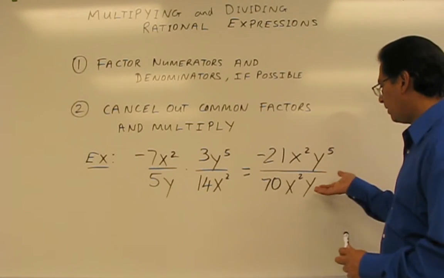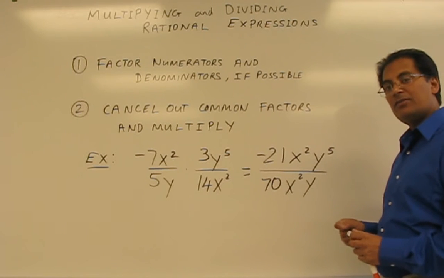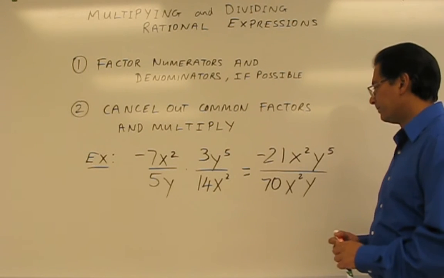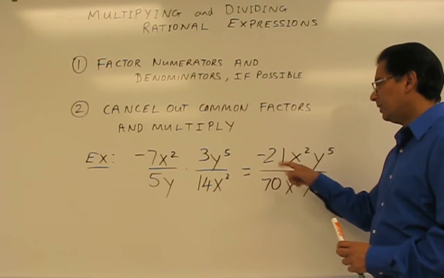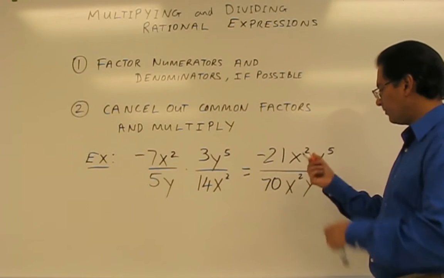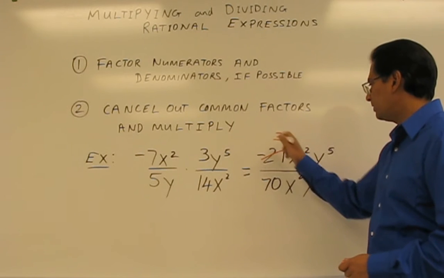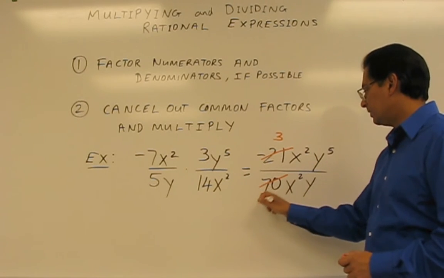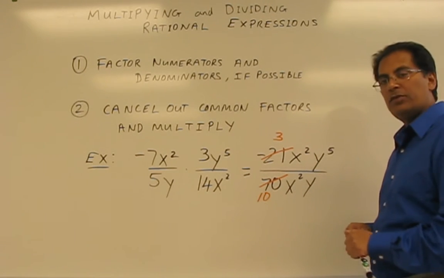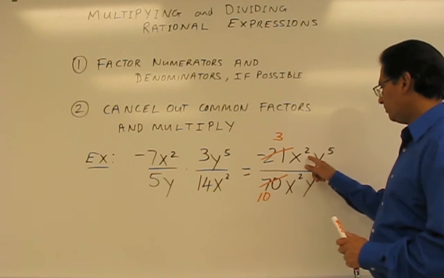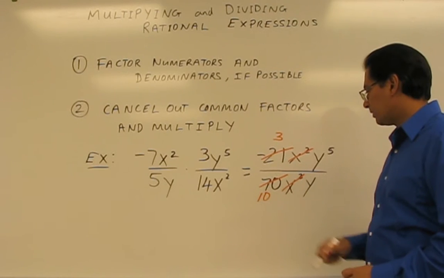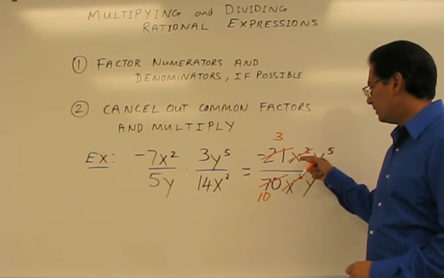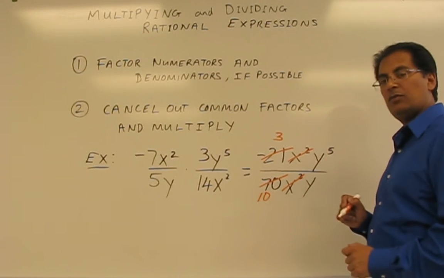So now we have the product here, but we can see that this actually can be simplified further. If we look at, for example, 21 and 70, 7 goes into both of those. So 7 will go into 21 3 times, and 7 goes into 70 10 times. So there's one simplification. In addition, we have x squared divided by x squared. Well, x squared and x squared are common terms. They'll cancel out. In other words, x squared divided by x squared is 1.